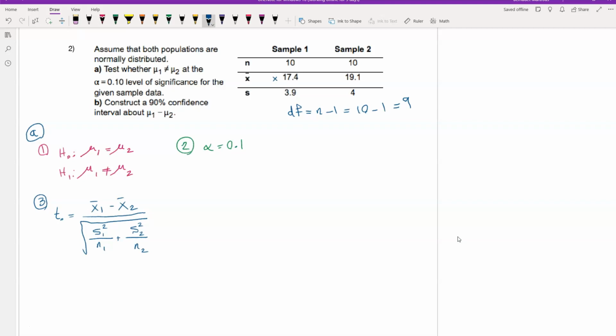So this one is x bar 1, this is x bar 2, standard deviation 1, standard deviation 2, and here is n1, n2. So using these numbers here on this part, x bar 1 is 17.4 minus 19.1.